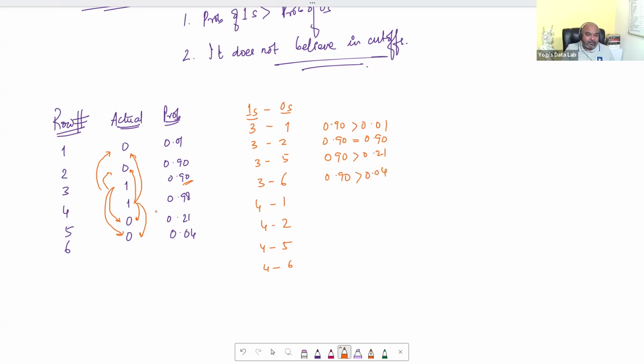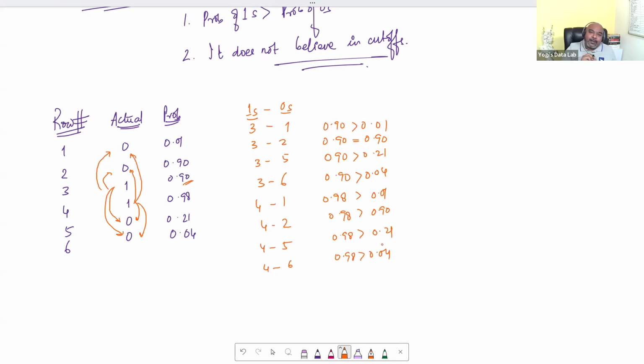Then I have 0.98: 0.98 is greater than 0.01, 0.98 is greater than 0.90, 0.98 is greater than 0.21, and 0.98 is greater than 0.04.